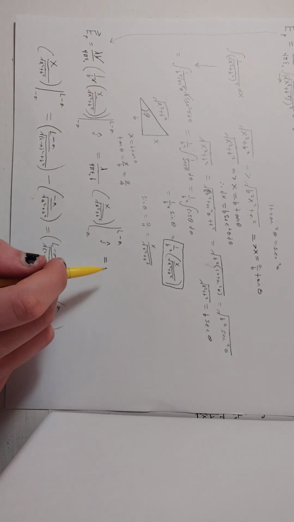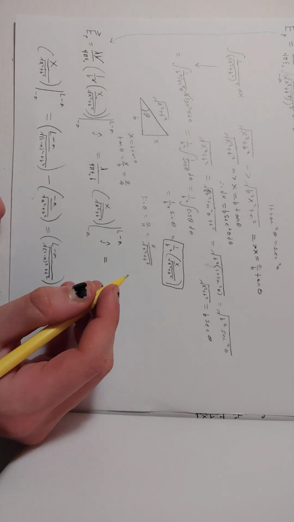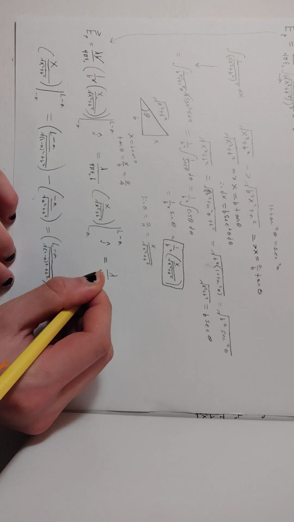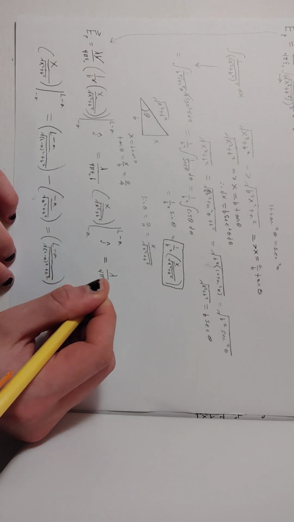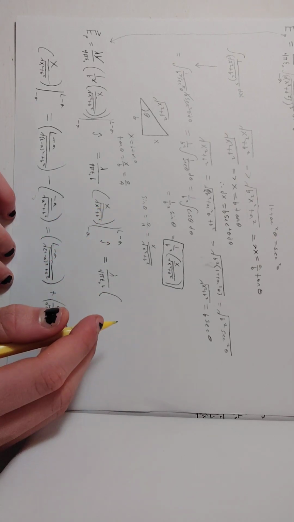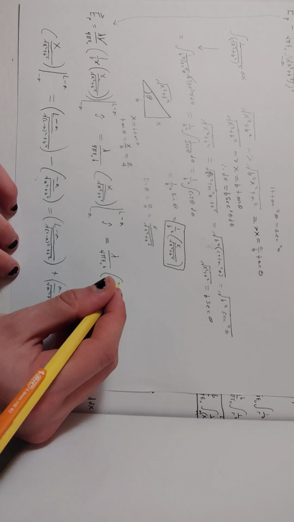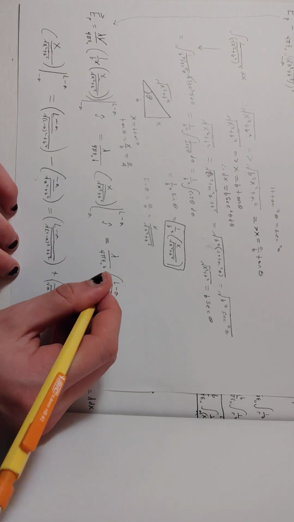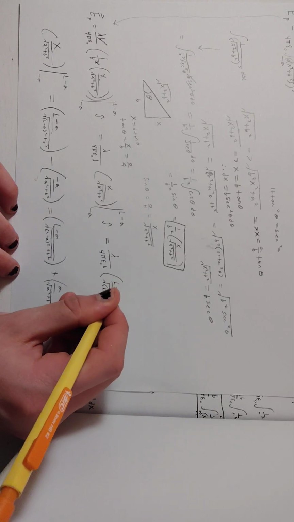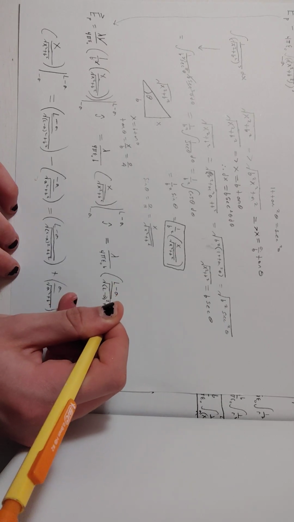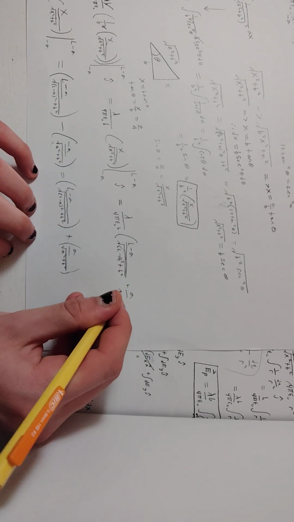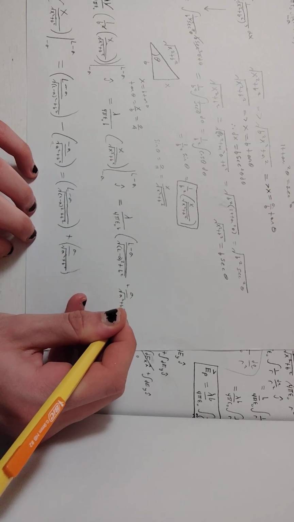What we end up getting is lambda over 4 pi epsilon naught b, times this evaluated expression, which became equal to L minus a over square root of L minus a squared plus b squared, plus a over square root a squared plus b squared.